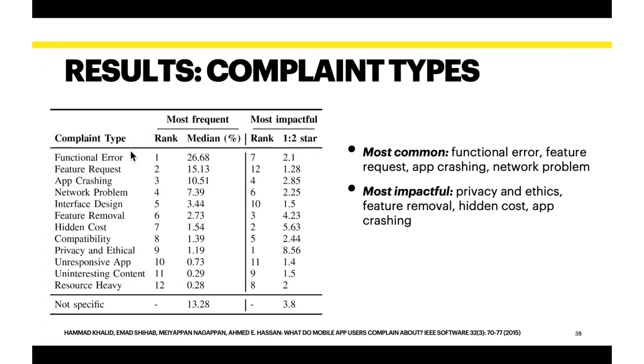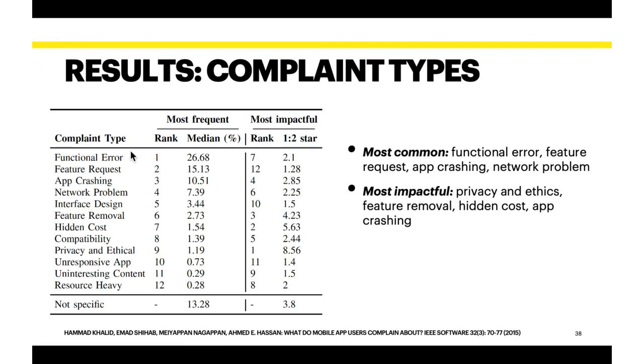Just to give an example of privacy and ethical considerations that the users were complaining about: an app that thinks your Facebook contacts can be used for whatever purposes the app wants. So this is typically a thing that users do not like.